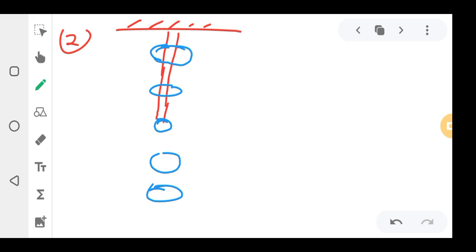So how many pulleys have I put? I put 1, 2, 3, 4, 5. Five is fine. And then these two are also joined like this. There's something like that. Okay, join this.